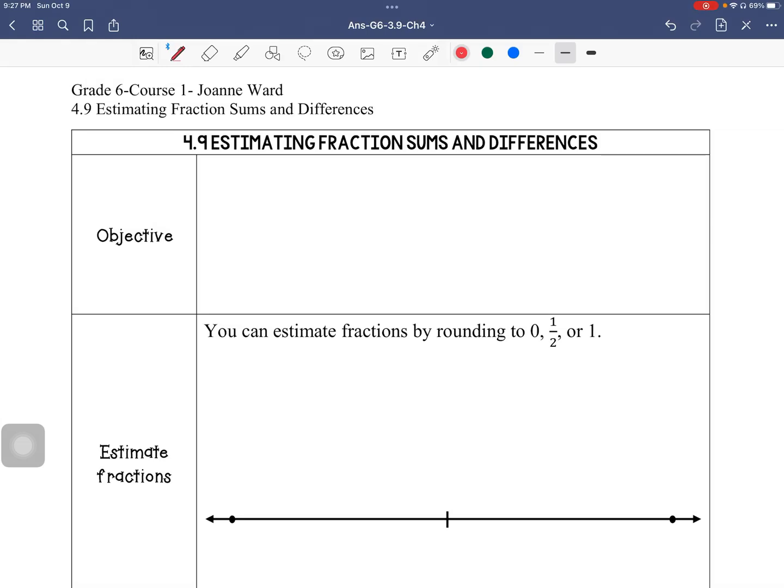So 4.9, we want to talk about estimating fractions, sums, and differences.